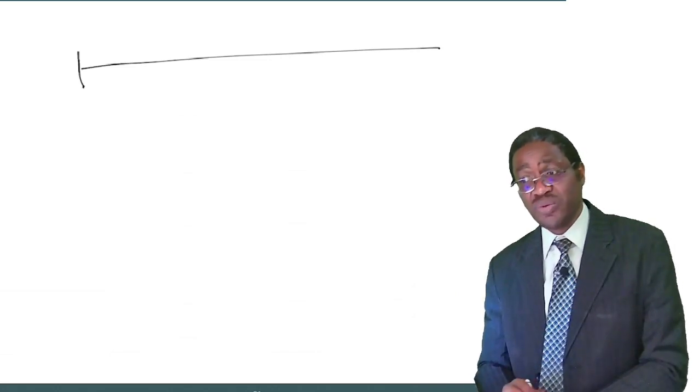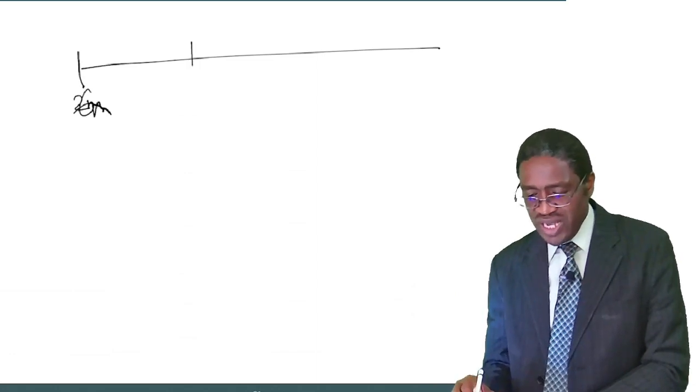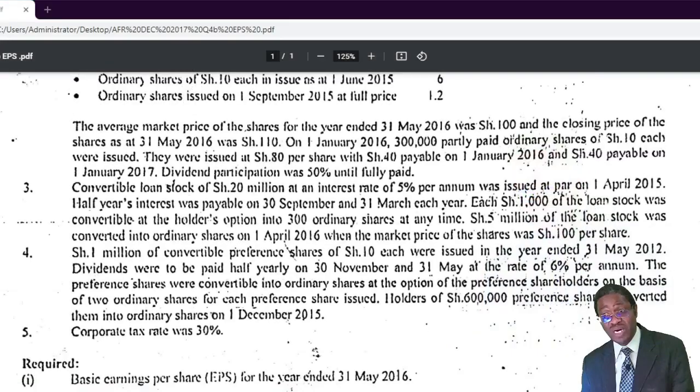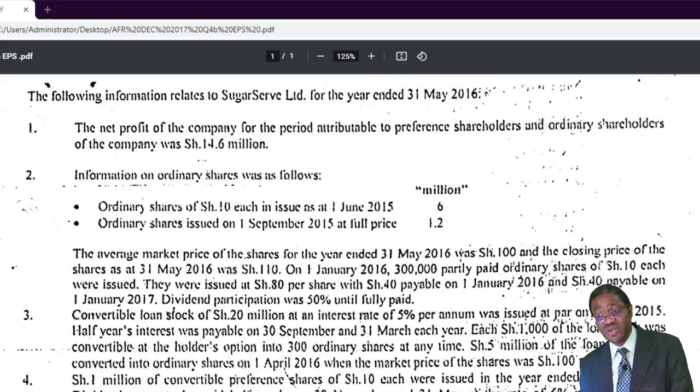So for this question, there are several things that took place in the year that affected the number of shares. We started the year with 6 million. During the year, some shares were issued, the 1.2 million, if you remember, on 1st of September 2015, at full market price.